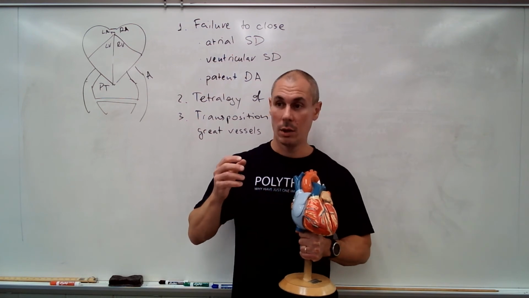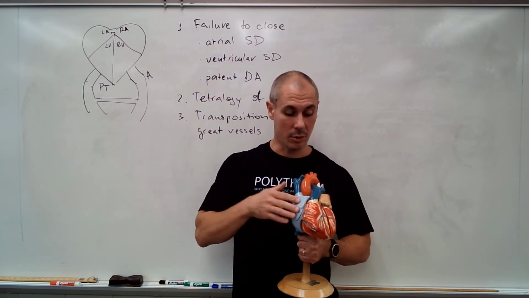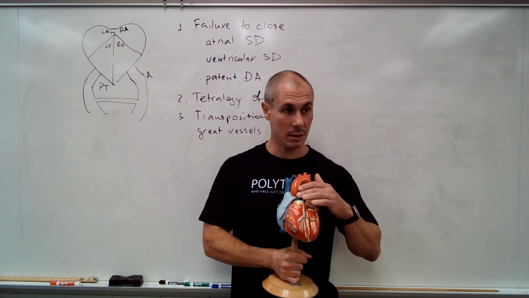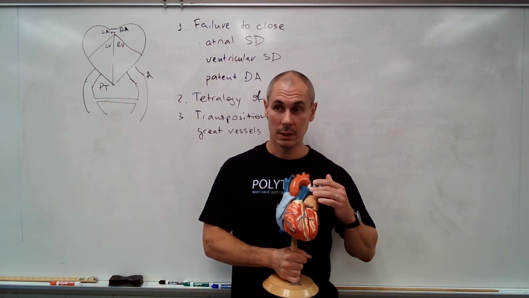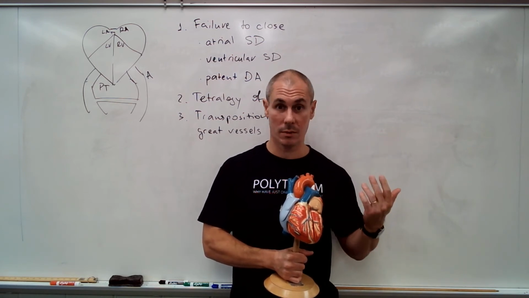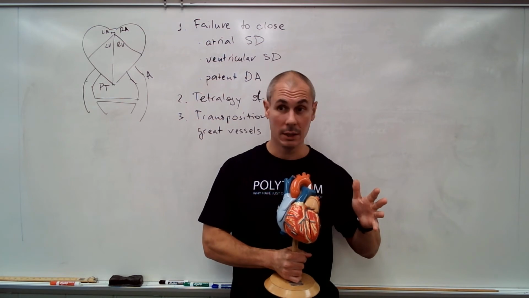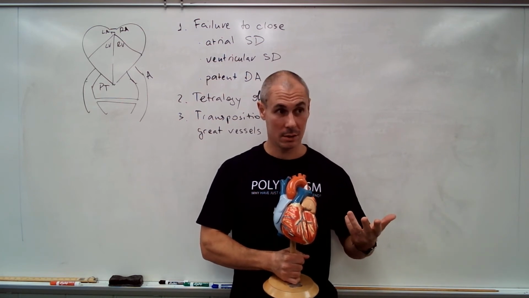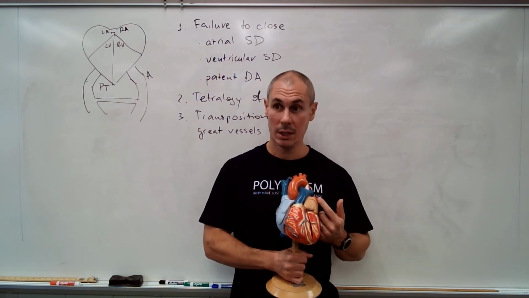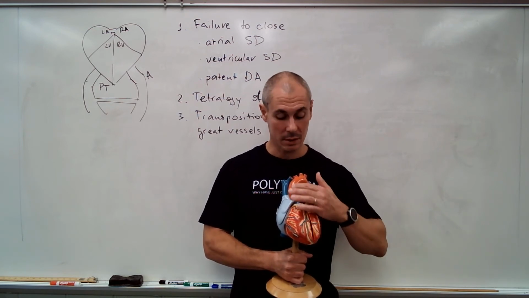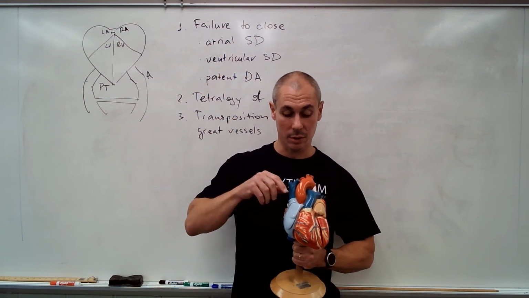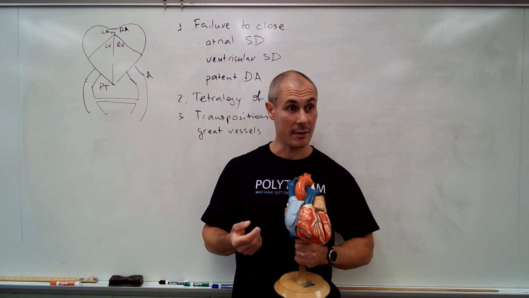Deoxygenated blood goes into the right side from the vena cava, and then the right side pumps it into the pulmonary trunk. And this blood through the pulmonary trunk and pulmonary arteries reaches the lungs. Are you with me so far? It gets oxygenated in the lungs and returns to the left side through the pulmonary veins. And the left side pumps it into the aorta, it goes to the systemic circuit, delivers the oxygen and returns back through the vena cava.